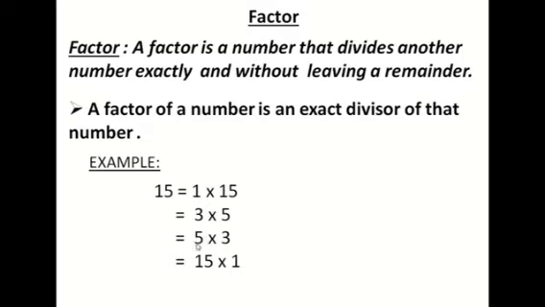I have written the third and the fourth step: 1 into 15 is 15, 15 ones are also 15. 3 into 5 is 15, and 5 into 3 also 15. So while considering the factors of 15, what should I write? 1, 3, 5 and 15. Okay. We are not going to repeat many times.